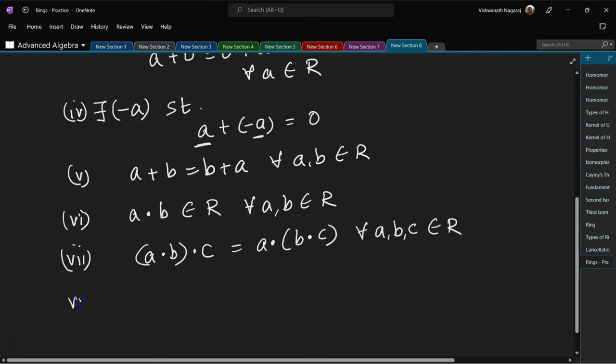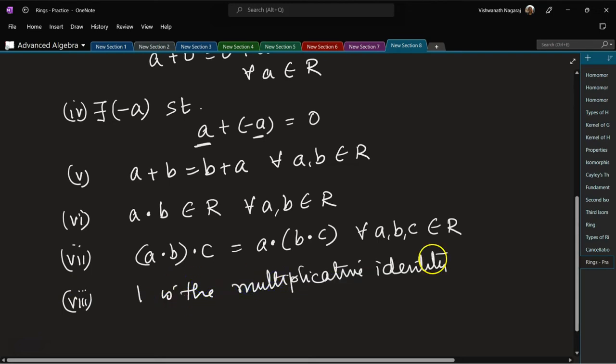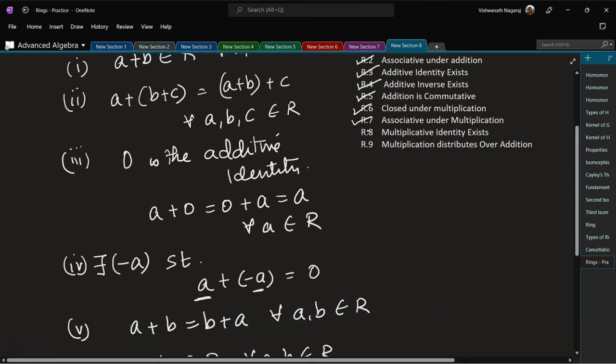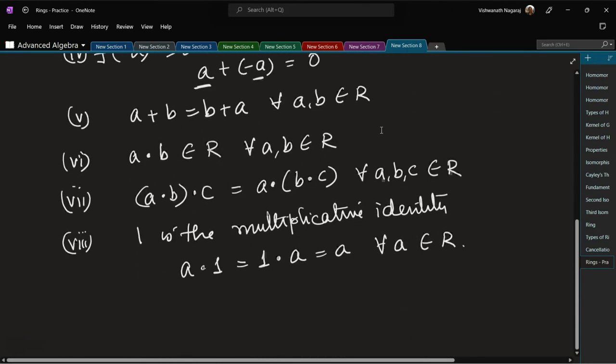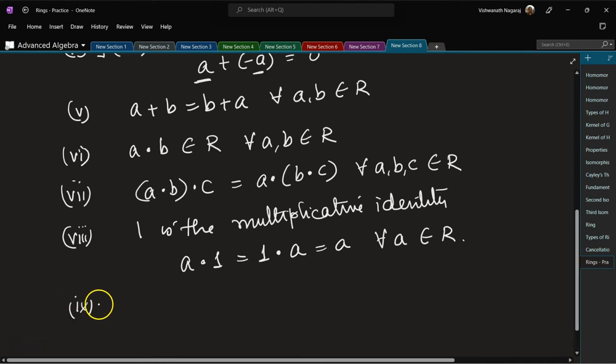Now, multiplicative identity. So, 1 is the multiplicative identity, right? So, a times 1 is equal to 1 times a is equal to a for all a belonging to R. Okay, so multiplicative identity exists. Multiplication distributes over addition.